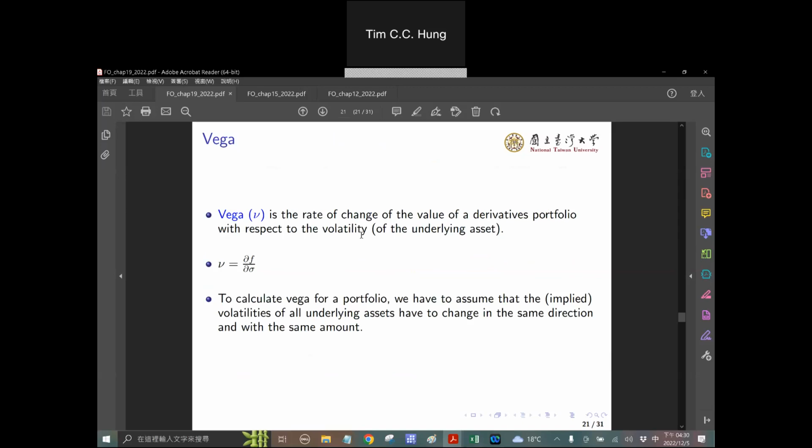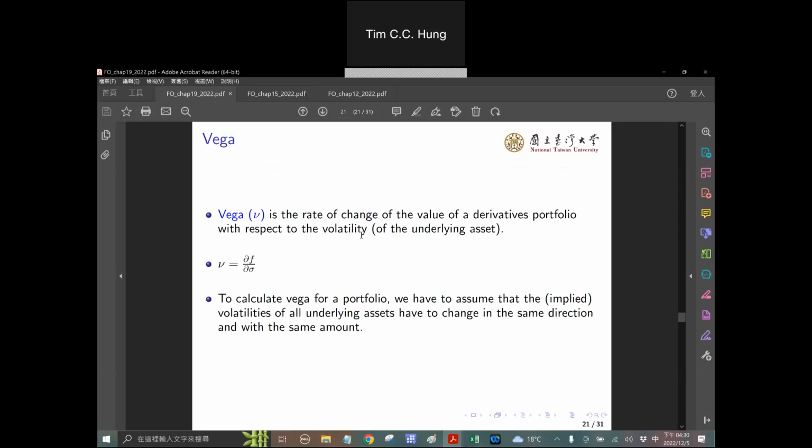the textbook is very careful about it. There's one very important point about Vega that you have to be careful about. Previously, we have been talking about taking the partial derivative of a portfolio's value in terms of some parameters, right?